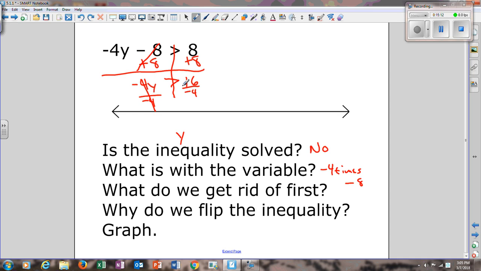You get y. Remember to flip your inequality because you're dividing by a negative: y is less than -4. Now you just graph it on the number line. 0, 1, 2, 3, 4. And it's going to be y is less than -4.